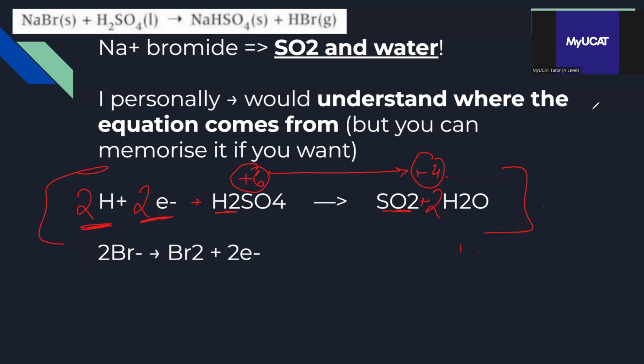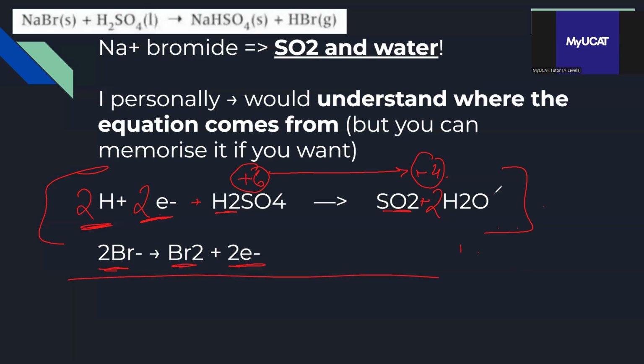Reduction, okay? So if there's a reduction happening in this half equation, we have to have an oxidation of the bromine. And the oxidation of the bromine has to represent the same number of electrons. In this case, that makes sense because we've already got 2Br minus making Br2 and 2 electrons. That's the same number of electrons. These two can balance.